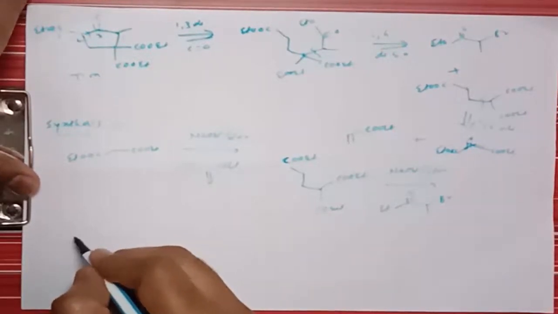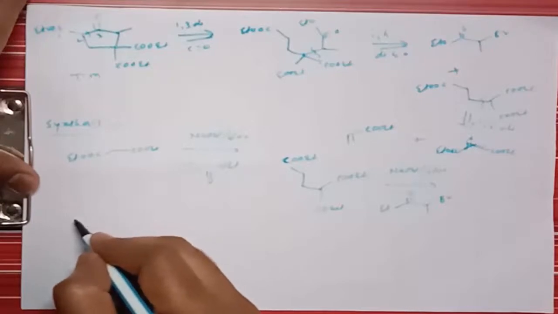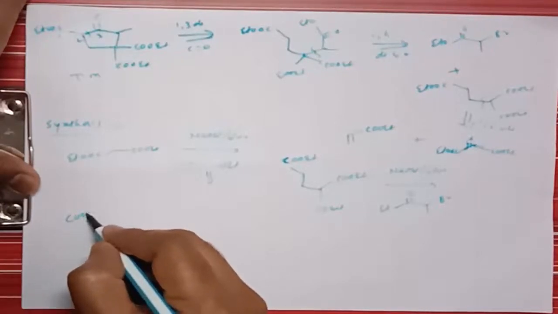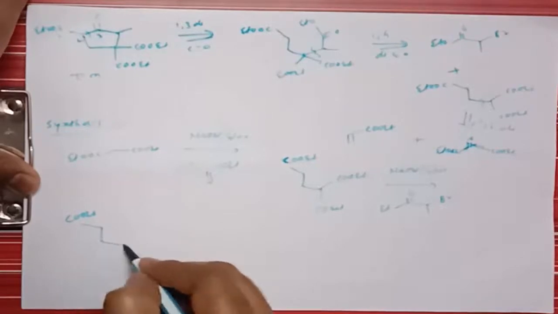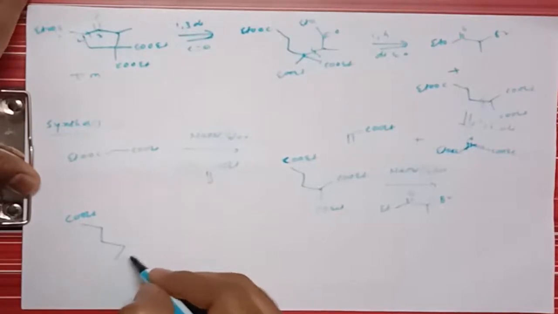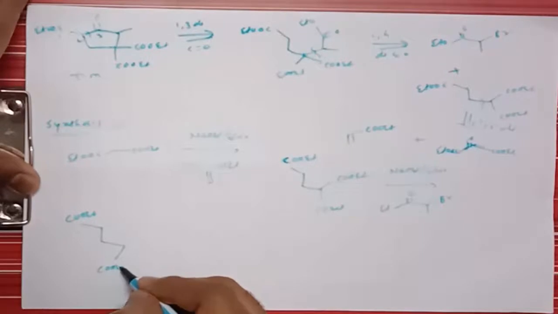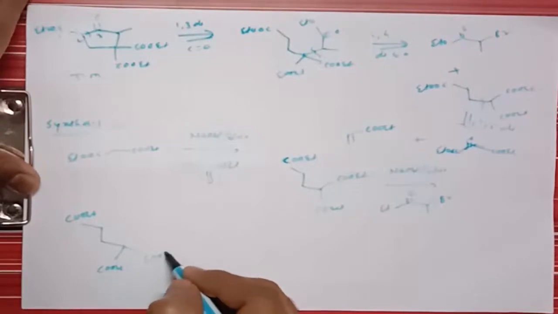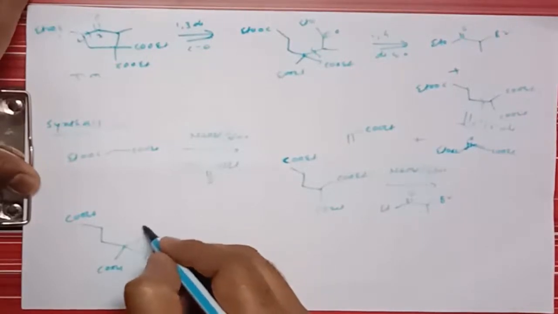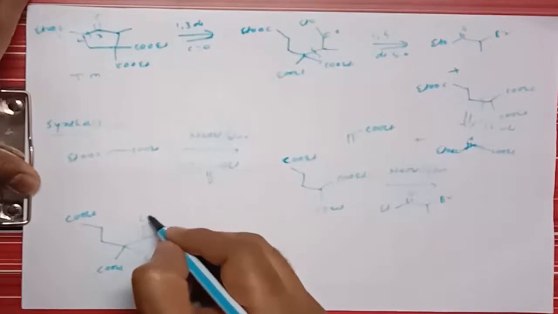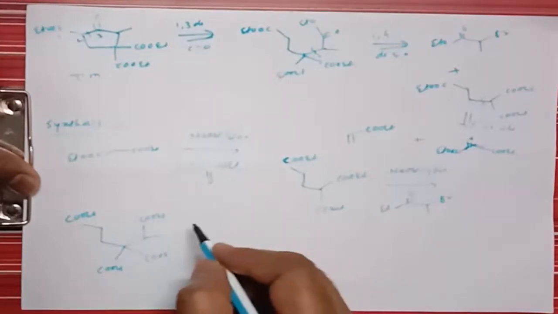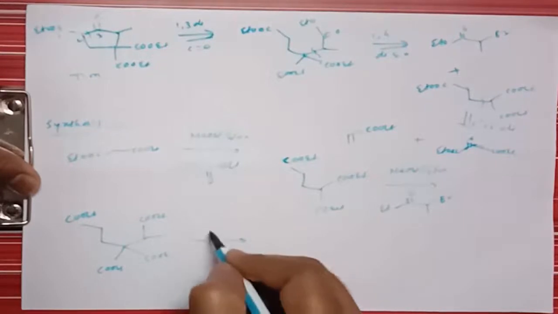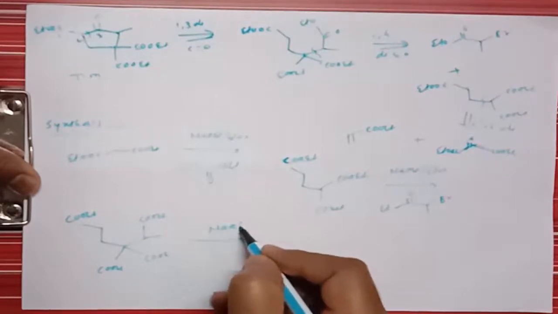It gives formation of a compound, that is COOEt, then CH2, then CH2, then here is COOEt, here is COOEt, then CH2, here is methyl, and here is COOEt. Now if we treat this molecule again with a base, that is sodium ethoxide.